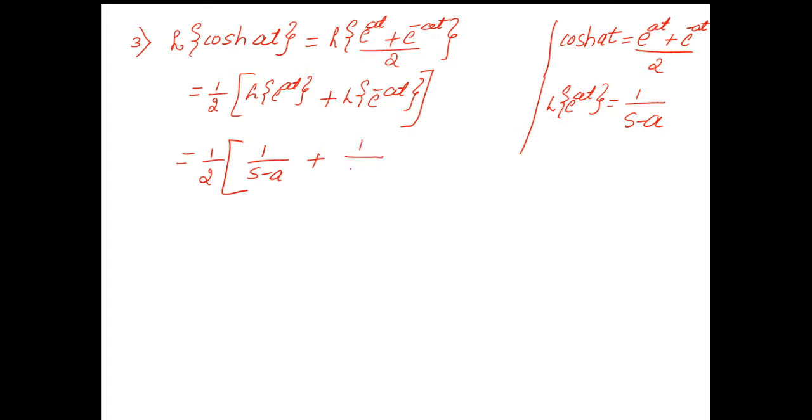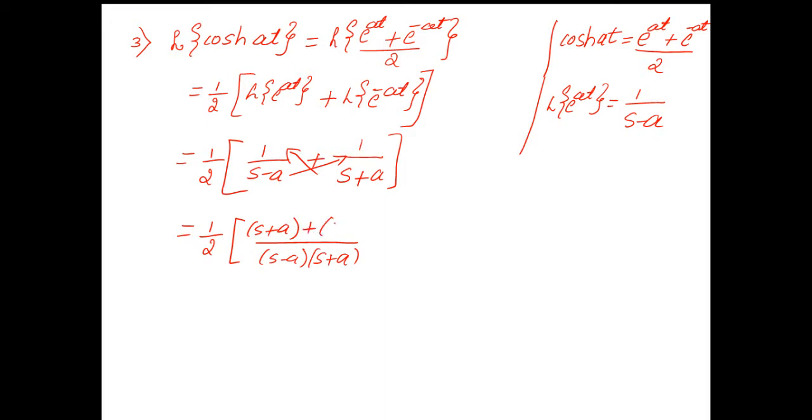So 1 divided by s minus of minus a, that is s plus a. Take the common denominator now, 1 by 2 outside, s minus a into s plus a, and we need to multiply here by s plus a and here by s minus a. So you will get s plus a plus s minus a, that is 1 by 2 times, here a and minus a get cancelled.